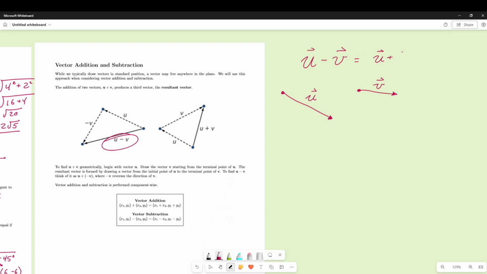There really is no subtraction. There's only the addition of negatives. So what we're really talking about isn't subtracting v, we're really talking about adding the opposite of v.